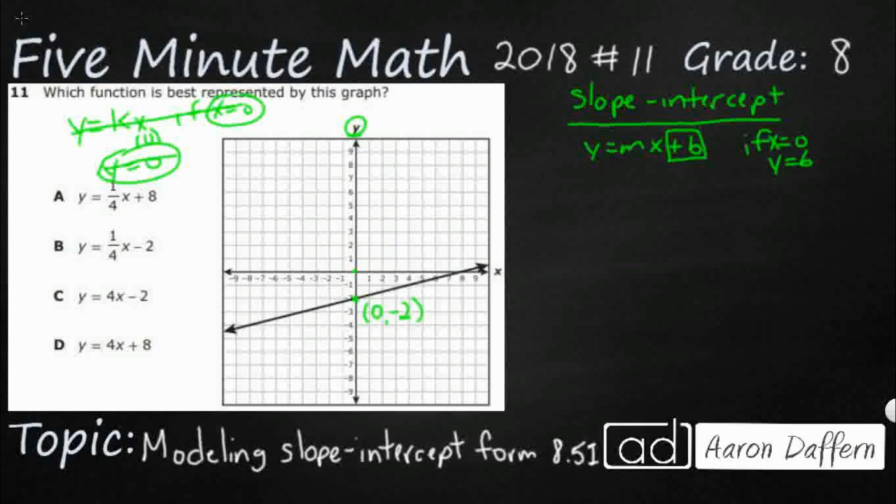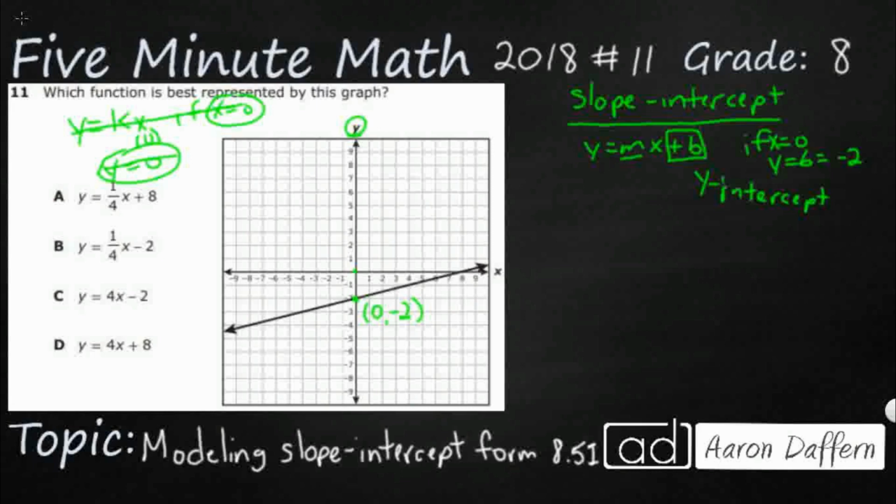So that means our b equals -2 because it crosses the y-axis there at -2, which means that's our y-intercept. So that's the plus b, this y-intercept. So we've got that down. So I've got this b equals -2, crosses the y-axis at -2.